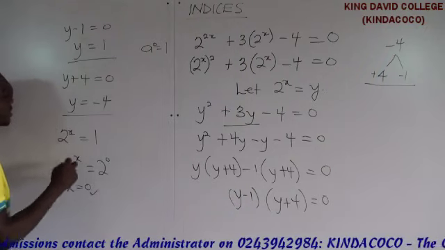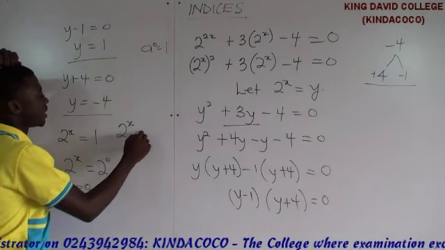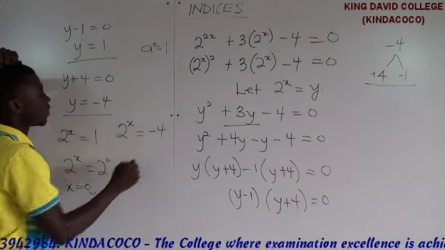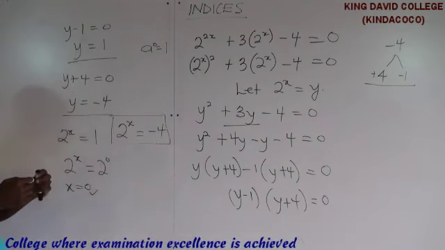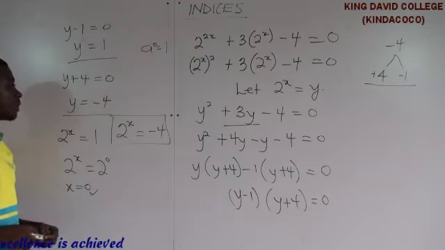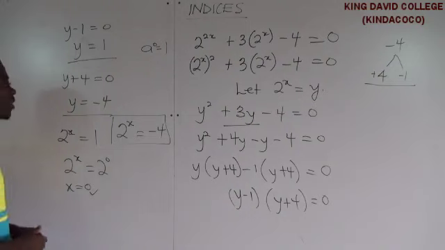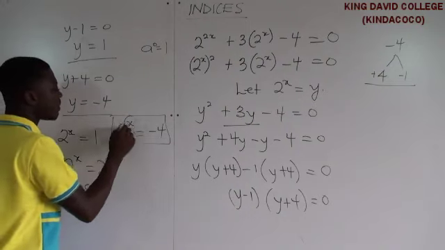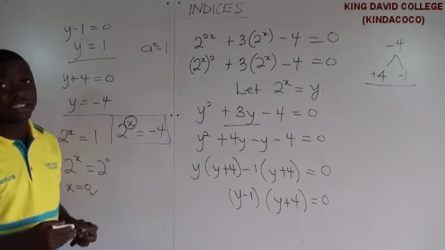Now I'll come here. I have 2 to the power x is equal to what? Negative 4. But this one cannot be solved. The reason is, if I am having 2 to the power x here to be minus 4, there is no way I can raise 2 to any power on this earth that I'm going to get a negative number.